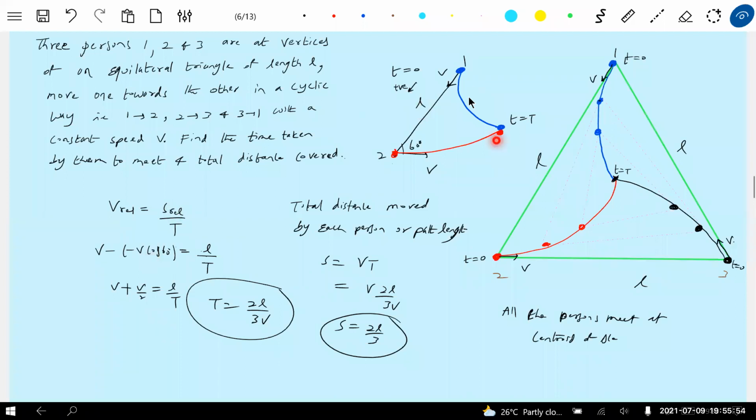We are not writing displacement. Nothing wrong, but here we are taking help of the relative speed. That's why I didn't write V relative bar. Relative speed is relative separation by time taken. So this I'll write, I'll give some specific name.